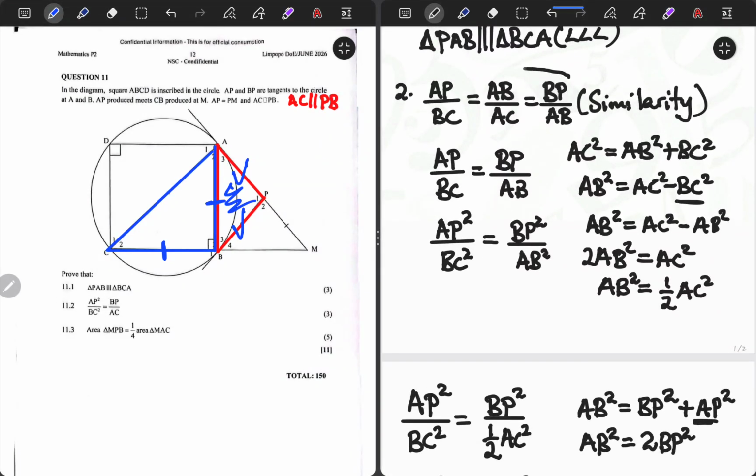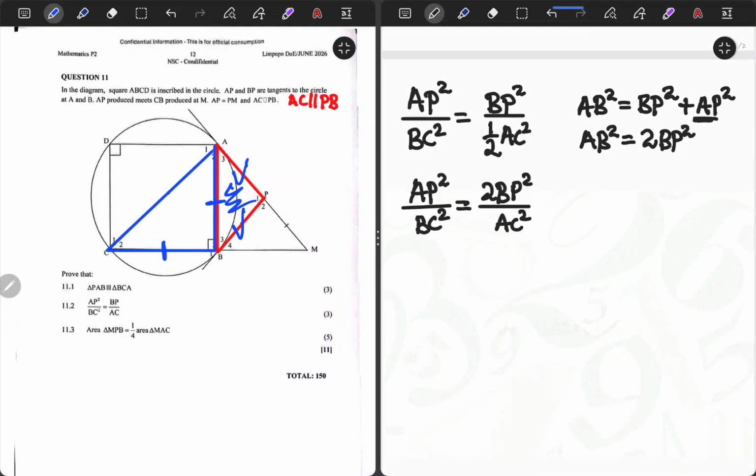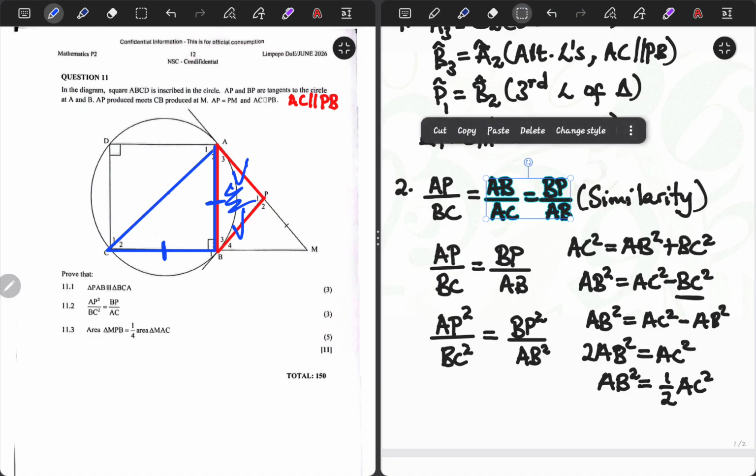If I cross multiply here, I'm going somewhere. Let me do that. That will be AB squared.